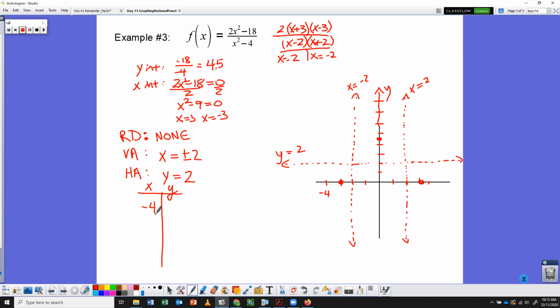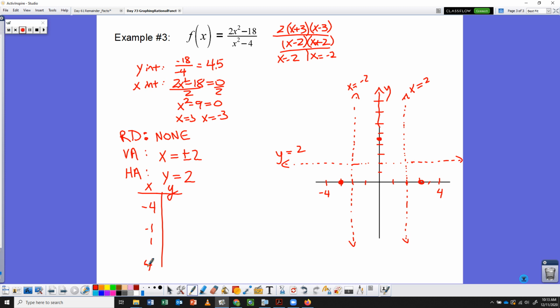I'm going to have to pick some numbers in the middle, in between the 2 vertical asymptotes. So maybe negative 1 and positive 1 would help me figure out what's going on in the middle. And then I've got to pick some numbers out here to the right. I already have positive 3 as an x-intercept. Maybe I should pick positive 4 to see what's going on out there.